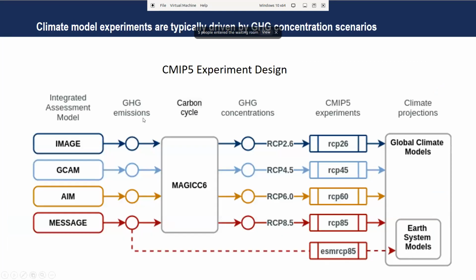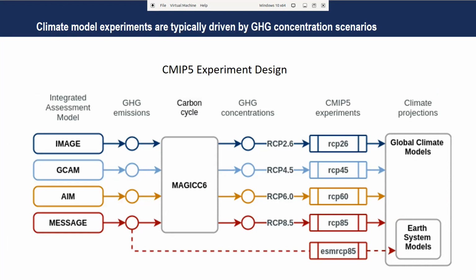And so the CMIP5 experimental design looks like this, where we have these integrated assessment models on the left. They generate emissions, then MAGICC models the carbon cycle processes, which allows it to define greenhouse gas concentrations, which basically are prescribed to global climate models.